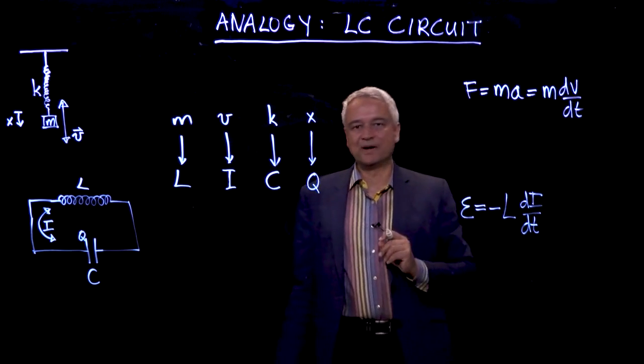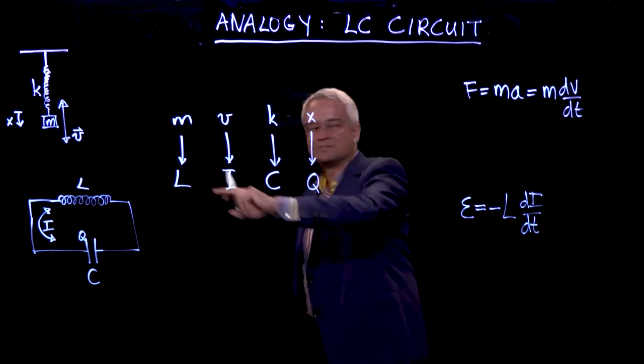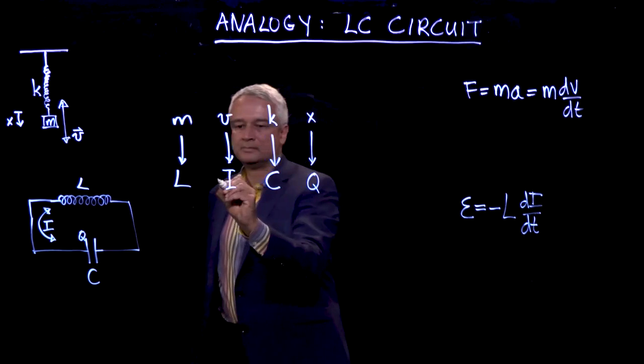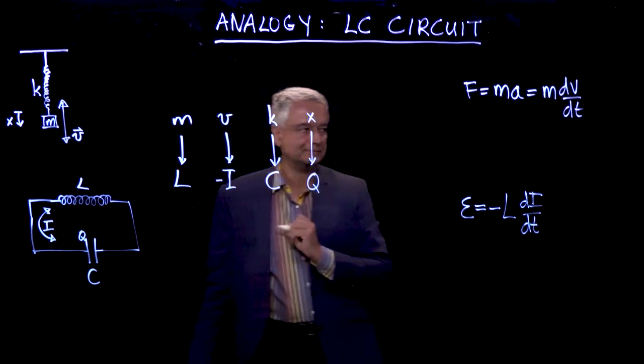I now realize that if I want to make the analogy by having m correspond to L, then I need v corresponding to minus I. So I need a minus sign here.